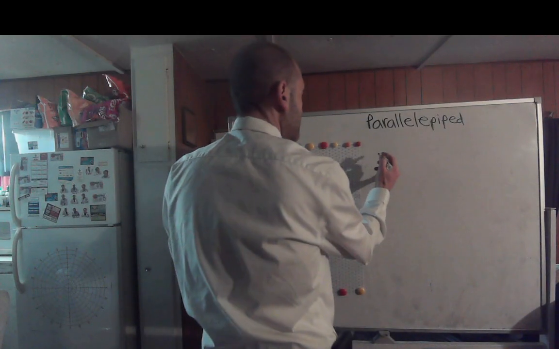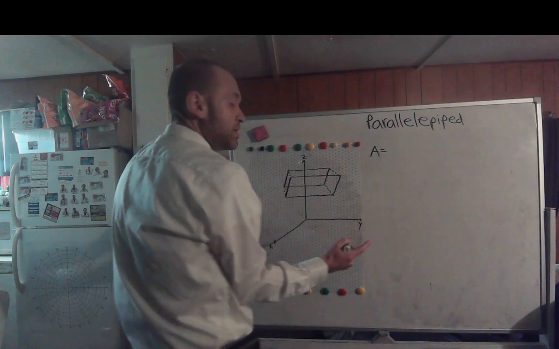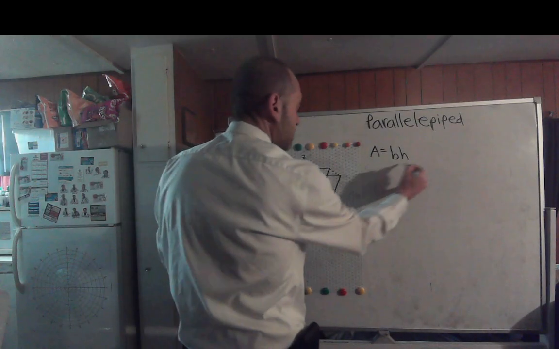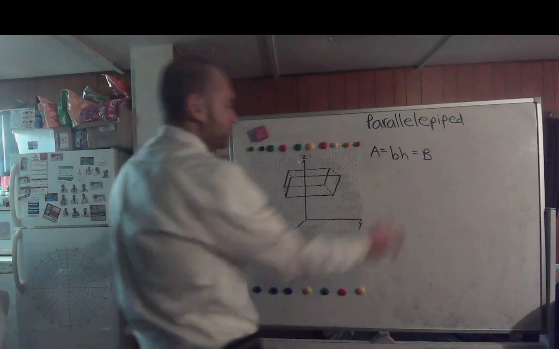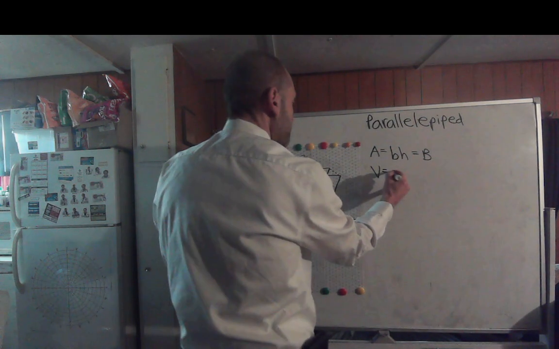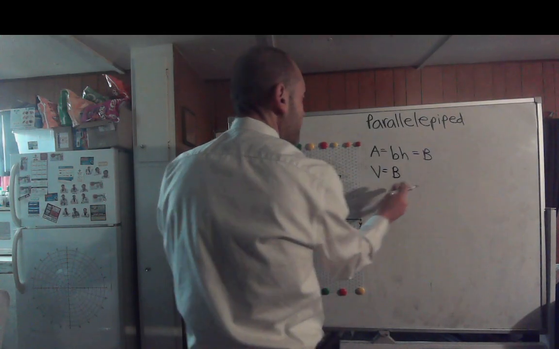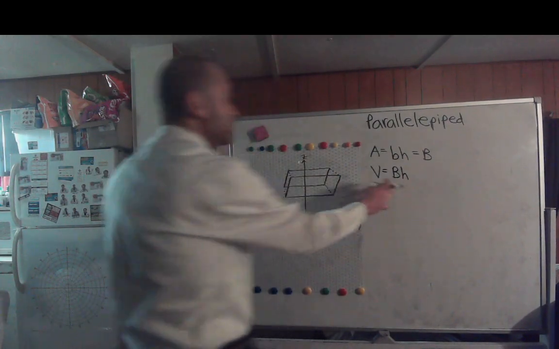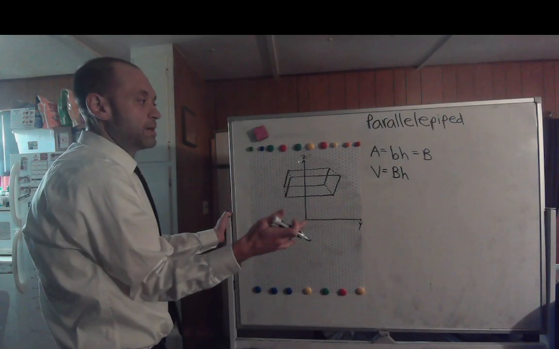Now, the area of a parallelogram, right? That, of course, is the base times the height, which we can also call the area of the base. So that means the volume of a parallelepiped is going to be the area of the base being a parallelogram times the height of the parallelepiped.